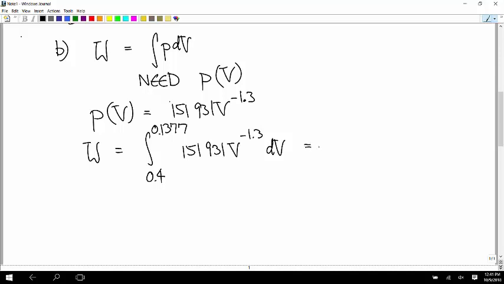And if you do that integration, I get 341 joules. And that sign makes sense because the gas contracted, the volume got smaller, and so you know that work is being done on the gas.